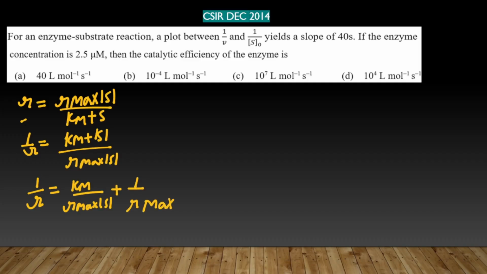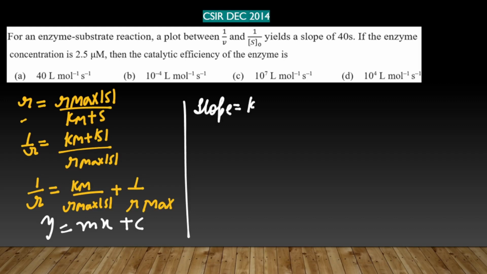Right, so from here, if you compare it with your straight line equation, y is equal to mx plus c, the slope value we have is Km by R max. Right, slope is given to us as 40 seconds.